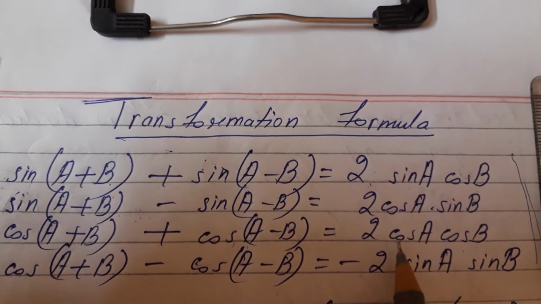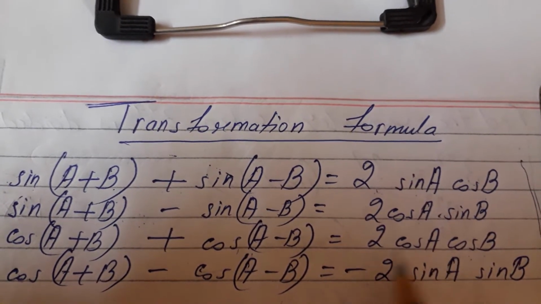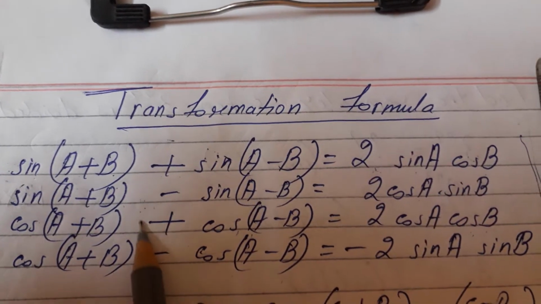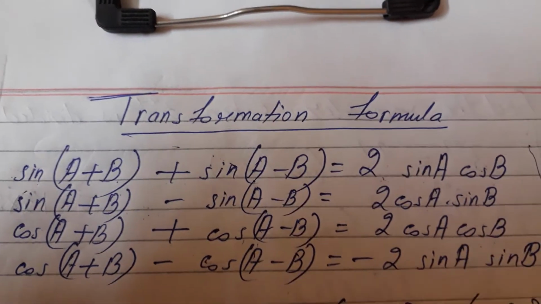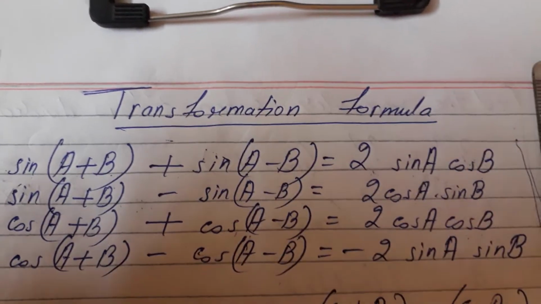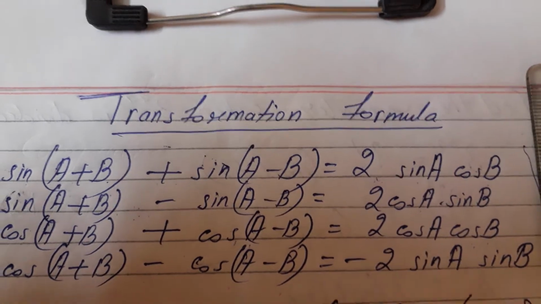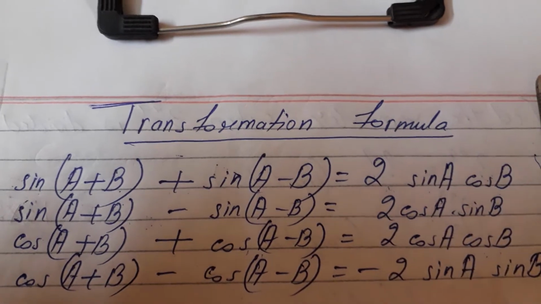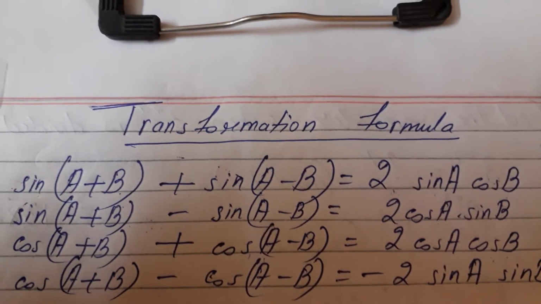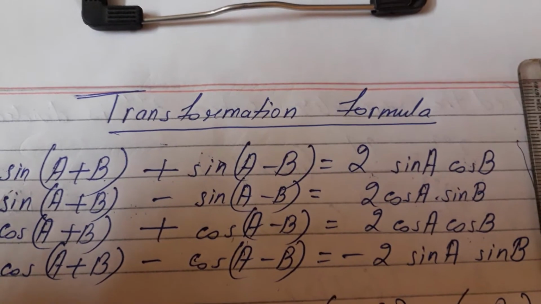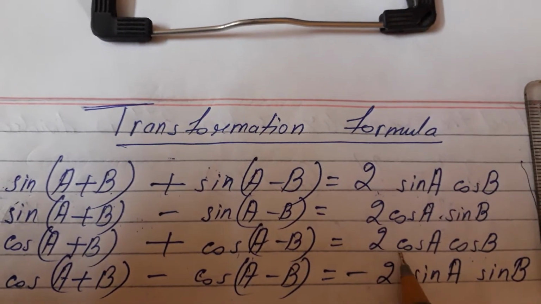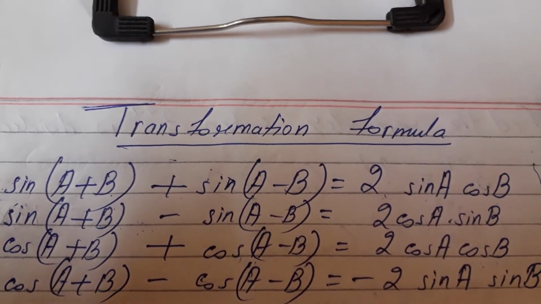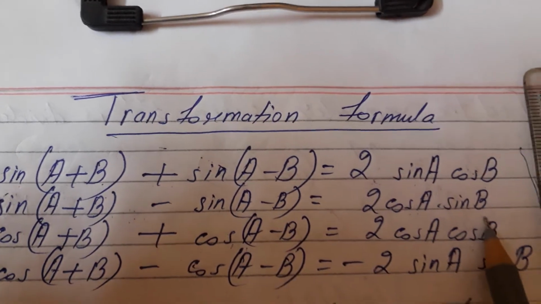Here is cos: cos means the terms are the same, means cos. Whatever the sign may be, minus or plus, obviously you have to remember that. But the trick is this: if you forget any formula, you can easily recall all these formulas by keeping this in your mind, that cos means same, and when you say different, then it means sin.